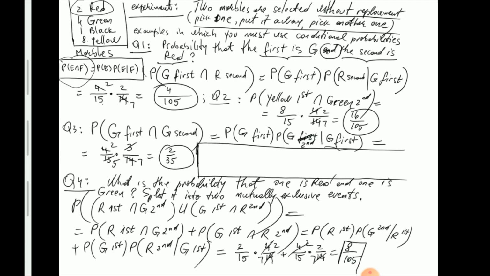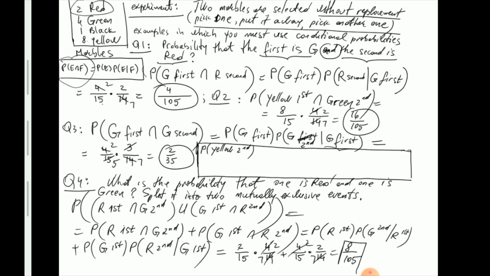I just want to put one more question here. So here's another example where you have to make it a disjoint union of mutually exclusive events. What if I ask the probability of the second to be yellow?